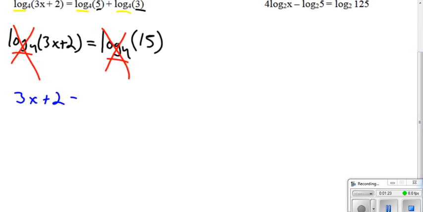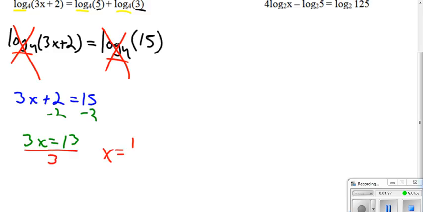Now all we have to do is solve for x, so subtracting 2 from both sides leaves us with 3x equals 13. Divide both sides by 3, and we get x equals 13 thirds. Again, you always want to check that, and I'll just give you a hint, this one checks out.